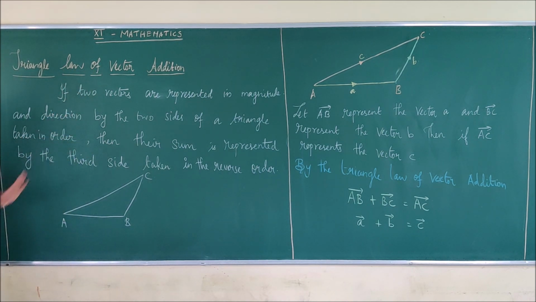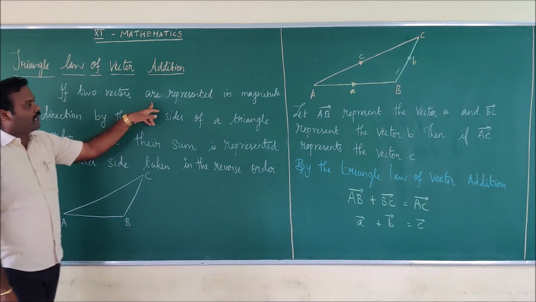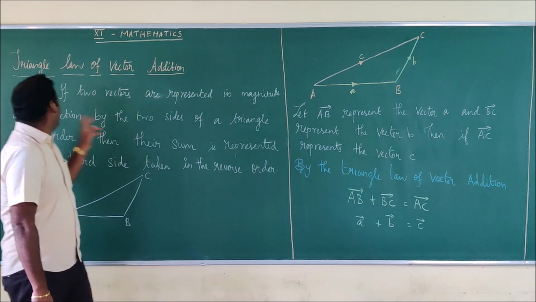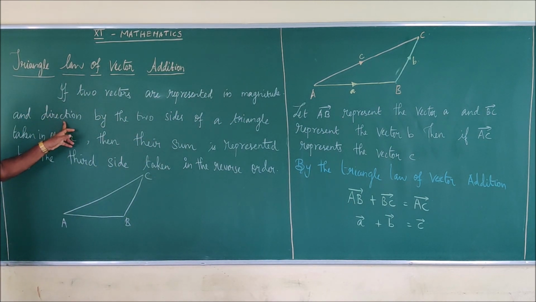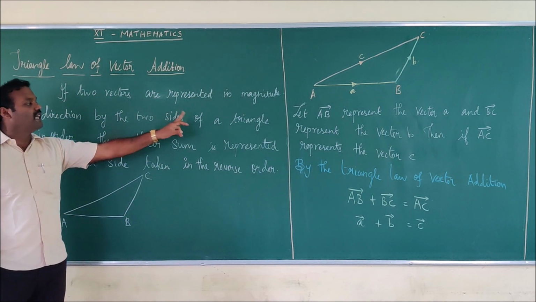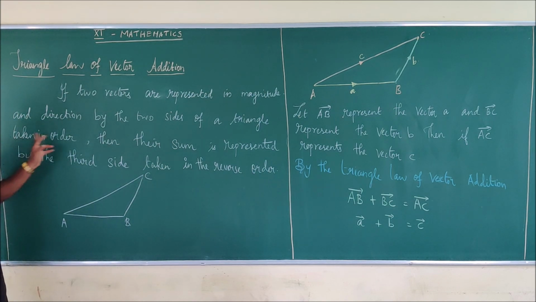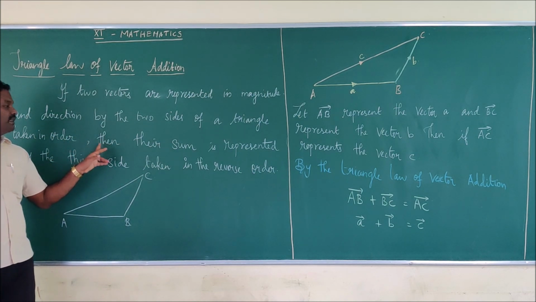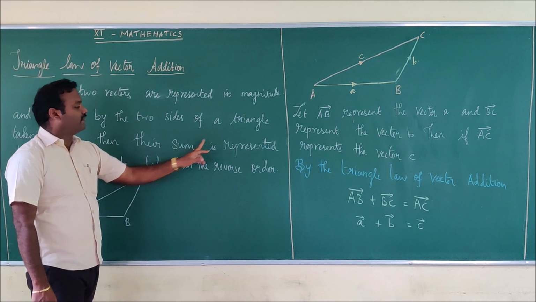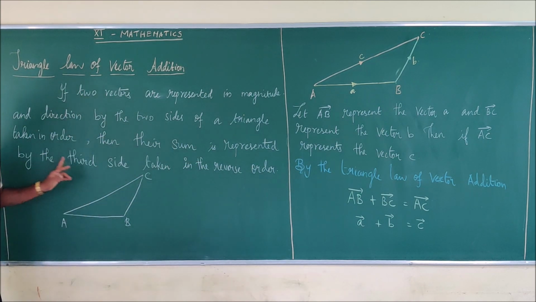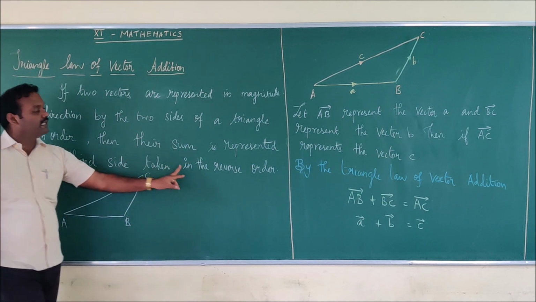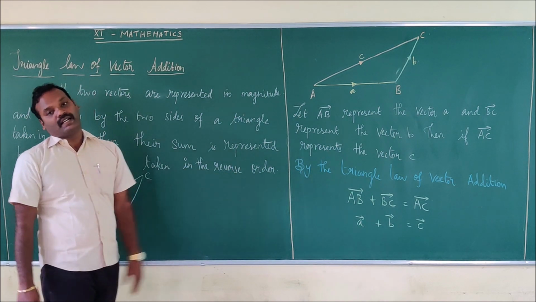The statement of the triangle law of vector addition is: if two vectors are represented in magnitude and direction by the two sides of a triangle taken in order, then their sum is represented by the third side taken in the reverse order.